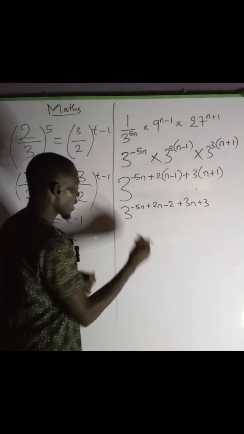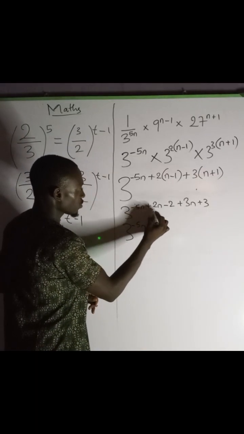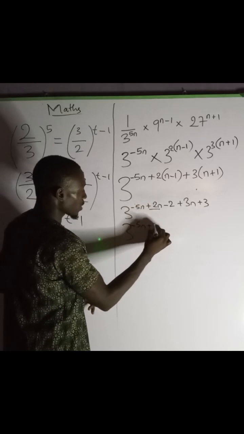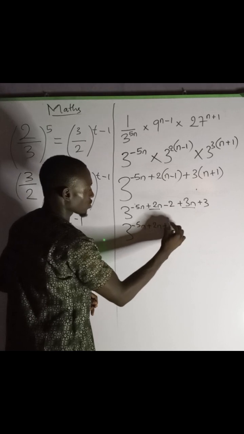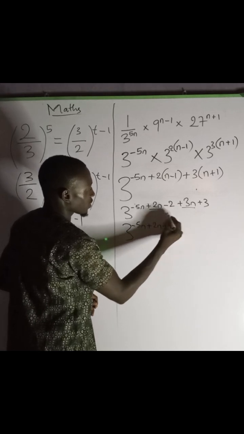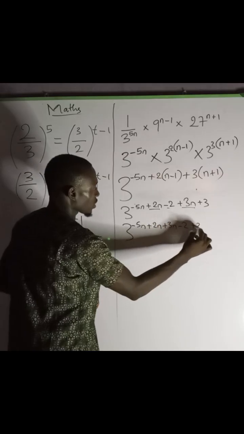All right, so we now have 3 minus 5n plus 2n, plus 3n. Now the ones that don't have n: minus 2 plus 3.